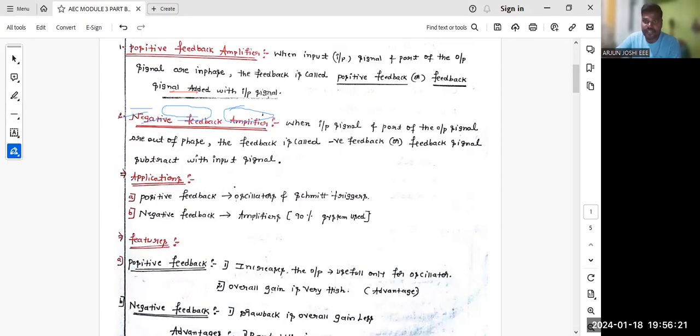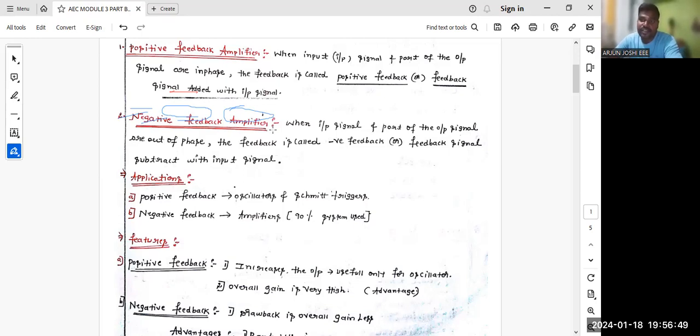I'm going to show in-depth analysis of positive and negative feedback with the help of some expressions and block diagrams. Students, now let's understand the applications of positive feedback and negative feedback. In 90% of applications we use negative feedback, but positive feedback we use in oscillators and Schmitt triggers. What do you mean by Schmitt trigger?